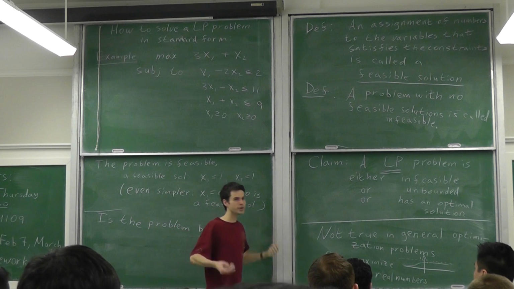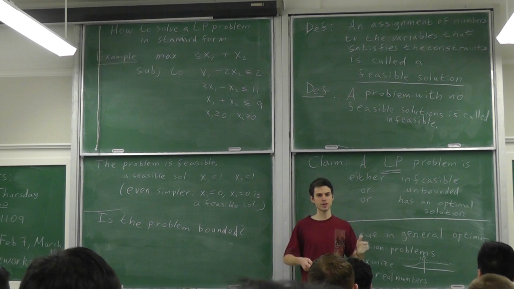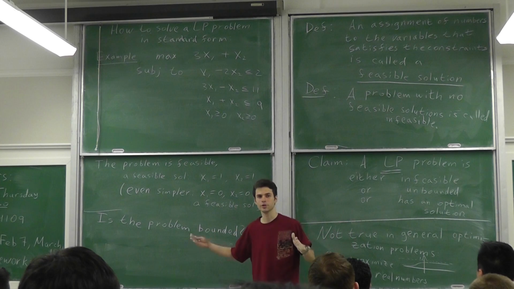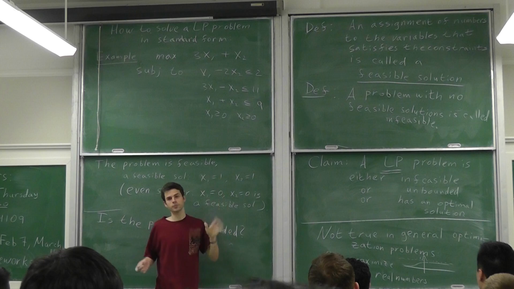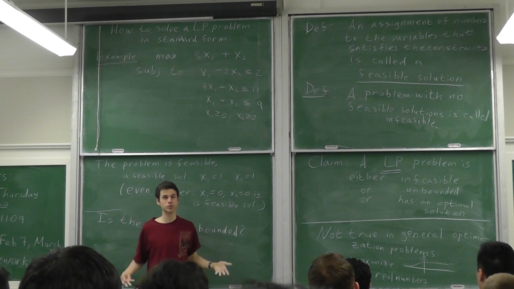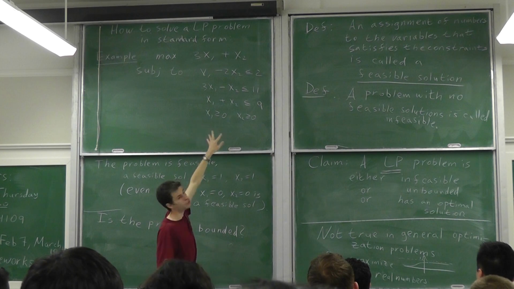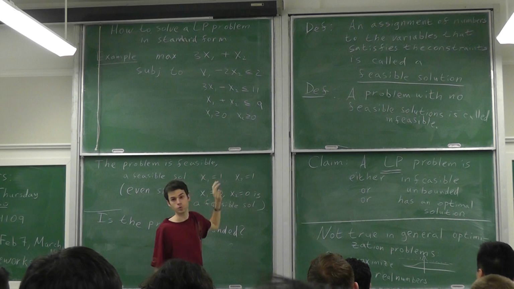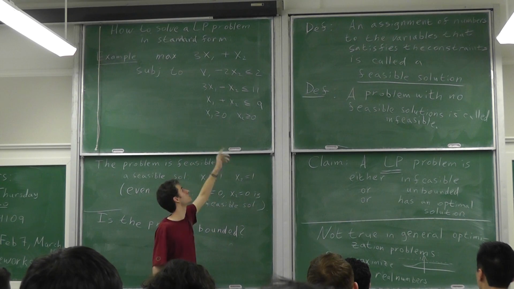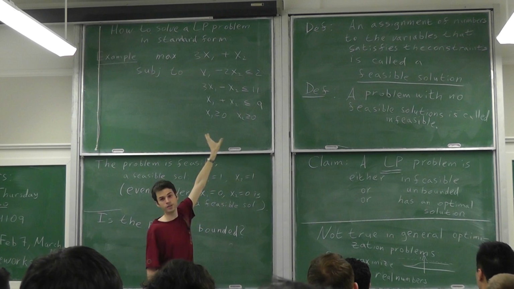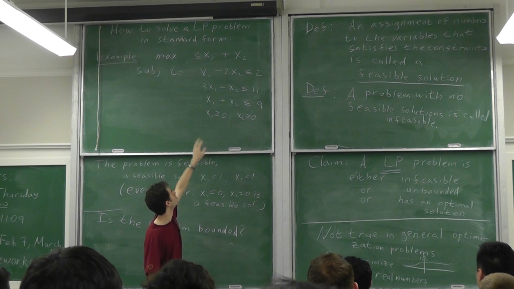Well, maybe there is a chance to make x1 large and x2 also large. The first constraint might actually be true. If you have large numbers, the difference might be smaller than 2. Maybe x1 is 2 million and x2 is 1 million. Then the left-hand side is 0, smaller than 2.